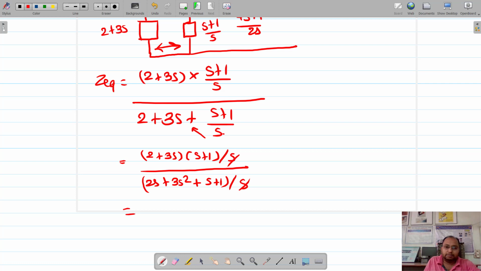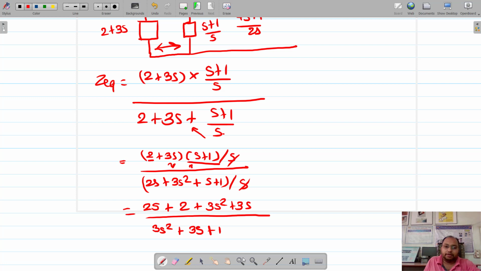Okay, now let us expand these brackets. So 2 into s is 2s plus 2. Okay, so we have multiplied by 2 inside this bracket. Now let us multiply 3s into this bracket. So plus 3 into s is 3s square plus 3s, right, divided by, now let us write this as 3s square plus 3s plus 1.